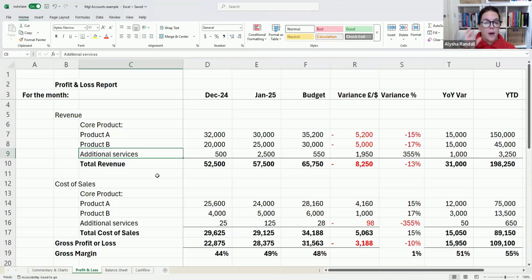But just think about, what product or service have I given to a customer this month, and then that would be included in here.